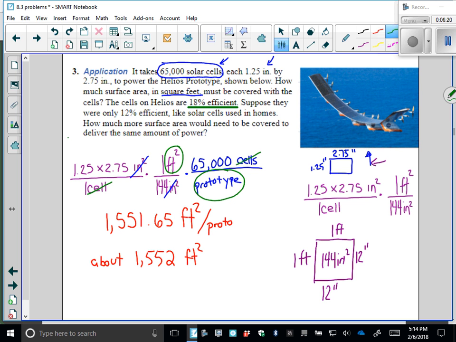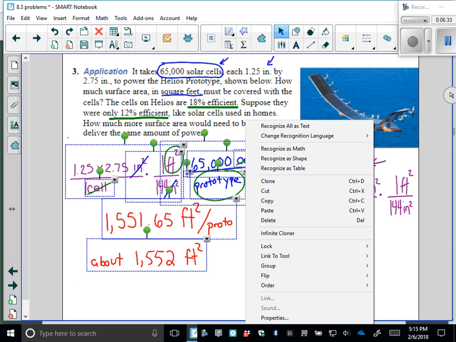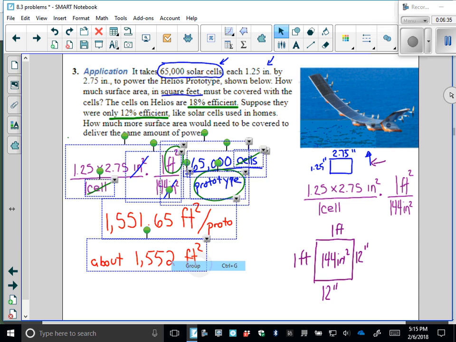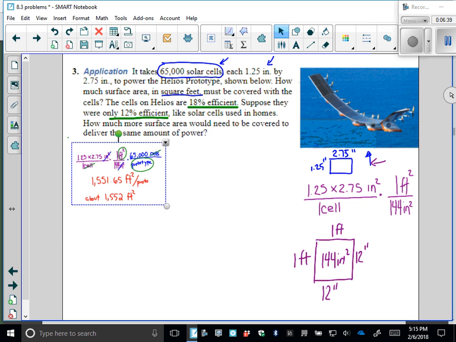And the question is, what if they were only 12% efficient? Like, they say ones in homes are used, which, by the way, this is an old book, so I'm guessing these numbers are a little bit different. But let me just shrink some of our workup that we have already used.